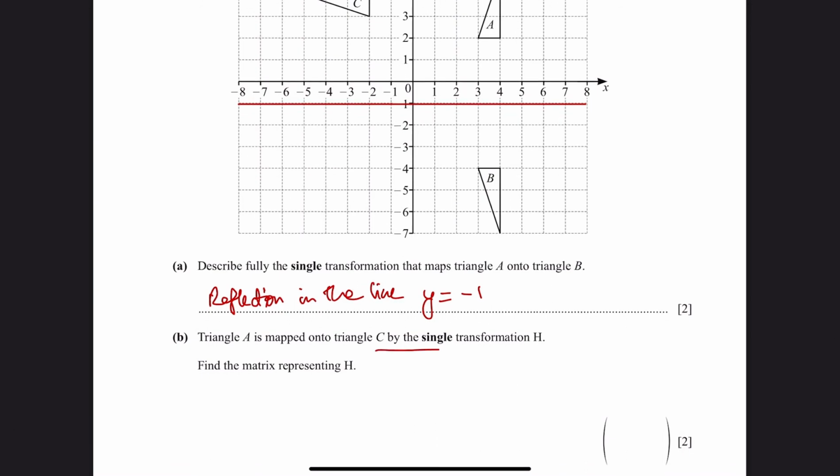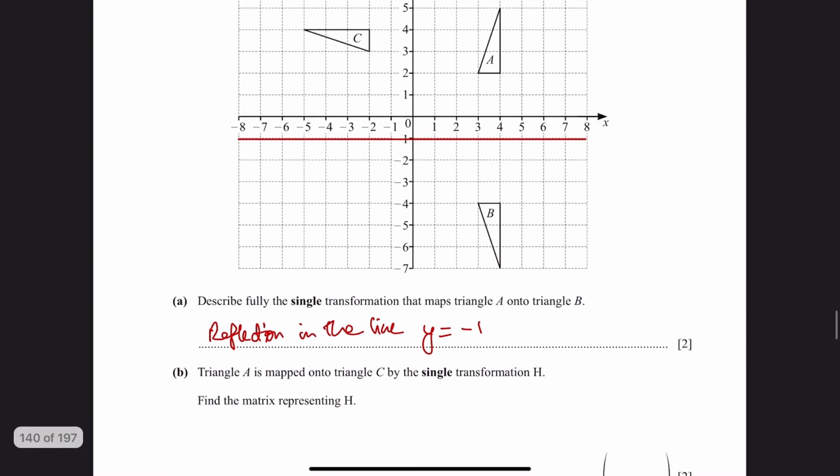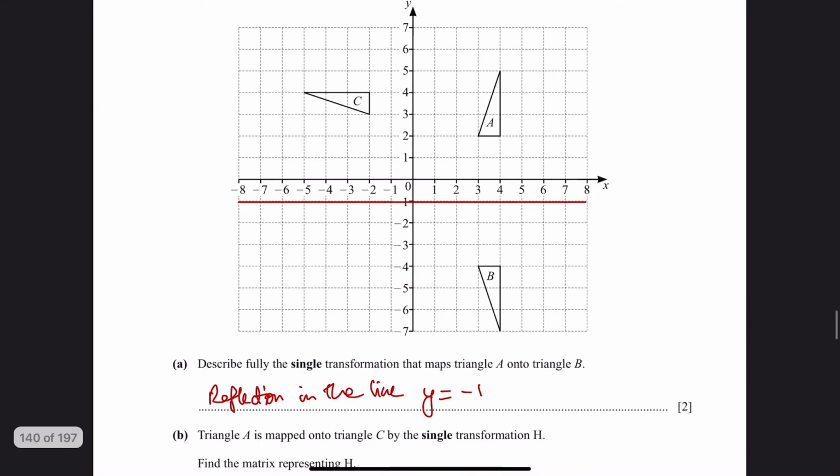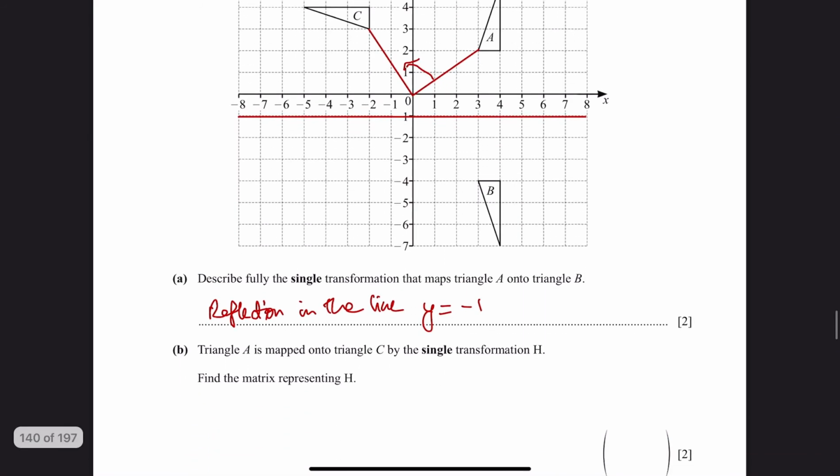Triangle A is mapped onto triangle C by a transformation H. Find the matrix representing H. So this looks like a rotation. Okay, whenever you are asked the matrix for rotation, it's always 0 0 as the center, and I see that this looks like a 90-degree anti-clockwise rotation.